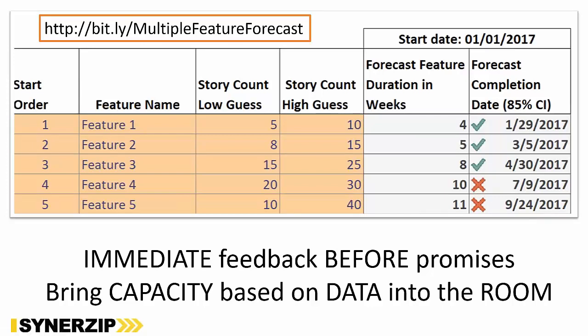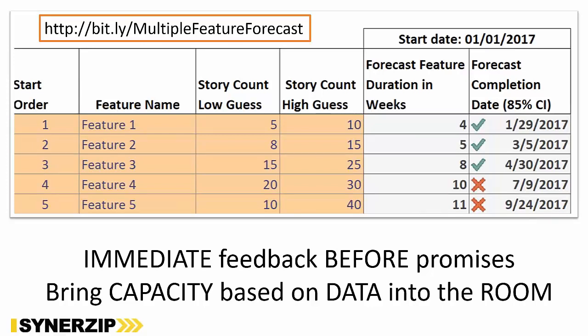And what we're trying to do here is, before a commitment or a promise is made, we want people to have a better understanding of what's not going to make it earlier, because they might choose to trade feature 3 and feature 4, in which case we would change the start order. We would start feature 4 as number 3 and number 3 as number 4.